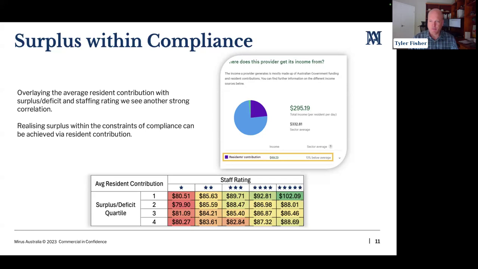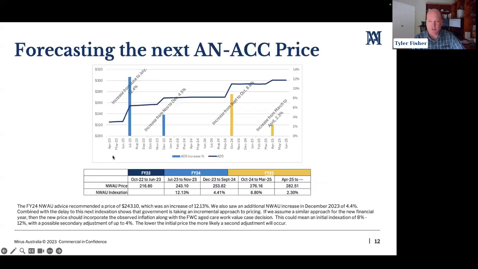Finally, I just want to provide a quick glimpse into our thinking regarding the upcoming NWOW price adjustment. Last year, when the Fair Work Commission announced an interim increase of 15% to minimum wages for direct care workers, the Commonwealth promised to fund the outcome and did so by incorporating the increase into the NWOW price. The pricing advice provided for last year factored in that 15% minimum wage increase, but many of the eligible workers were already paid more than that minimum wage.